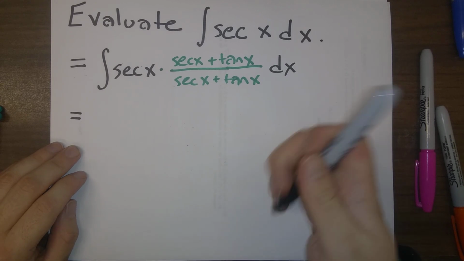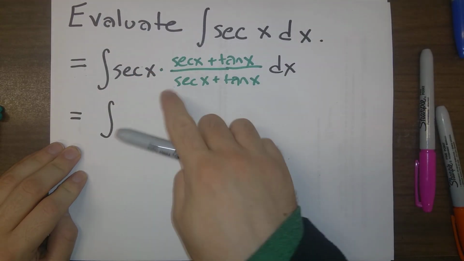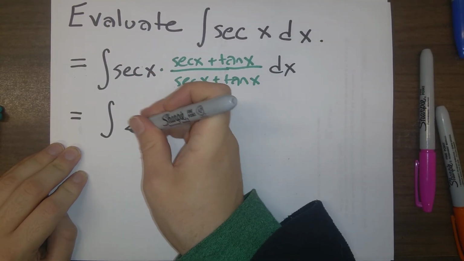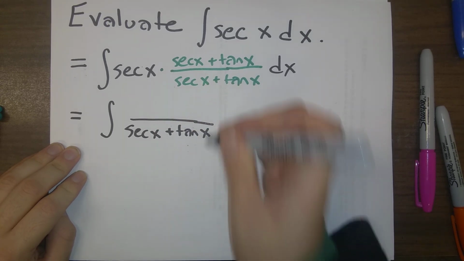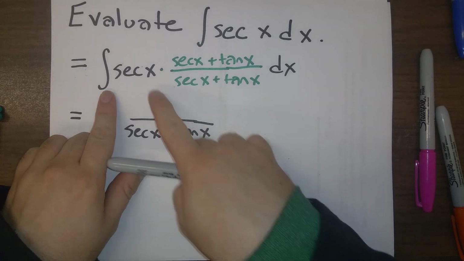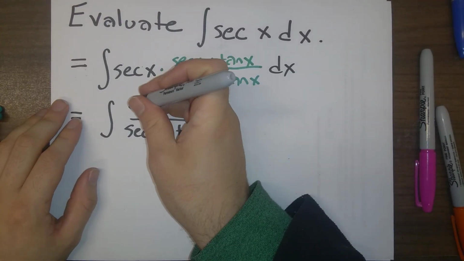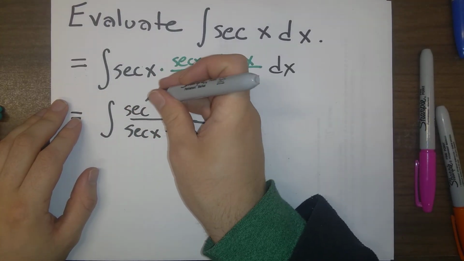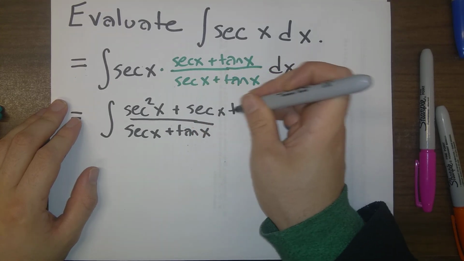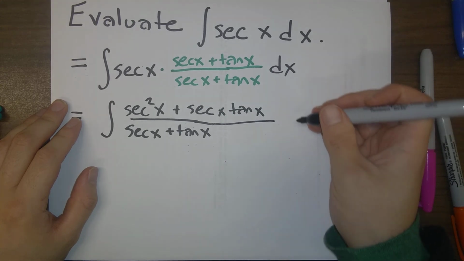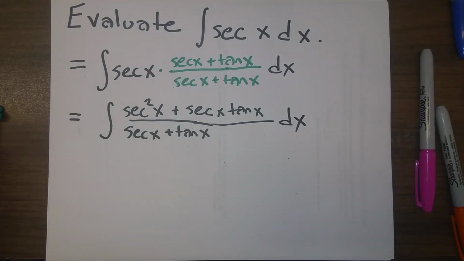Okay, so why does this work? Our denominator is still going to be secant x plus tangent x. And when we do secant x times this, we end up with secant squared x plus secant x tangent x. Take a moment here and see if you notice anything.